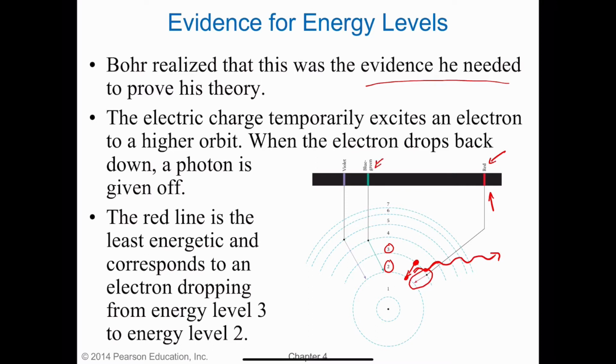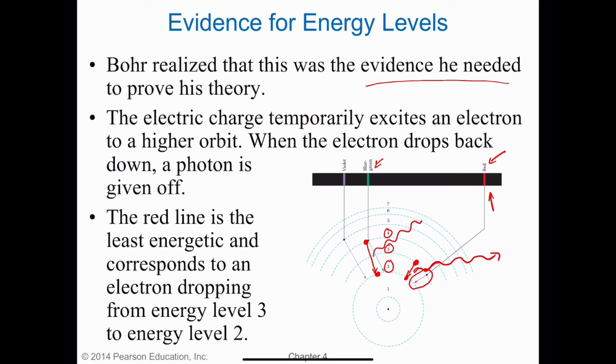Next, they've got blue-green, going from 4 to 2. Imagine an electron that's living on level 4. If that electron were to fall down to level 2, it's falling from a higher energy level to a lower energy level, one that's closer to the nucleus. When it falls like that, it's going to emit some light.